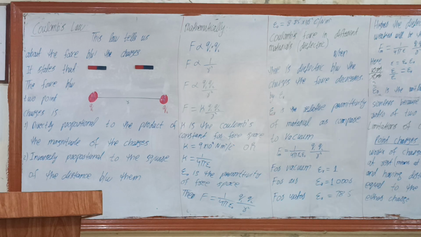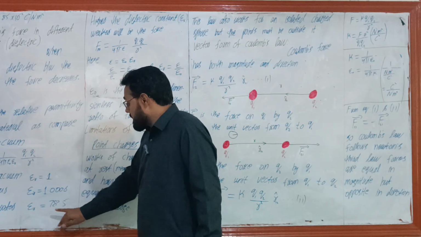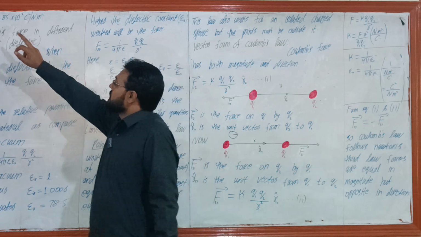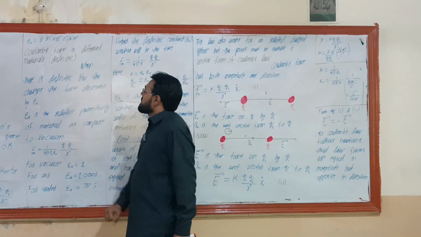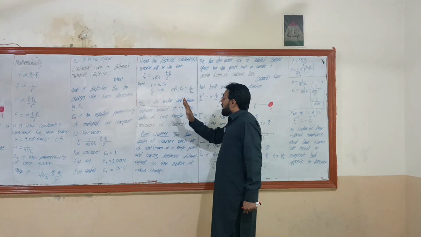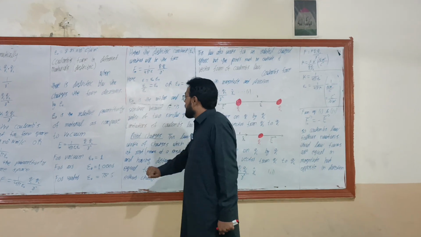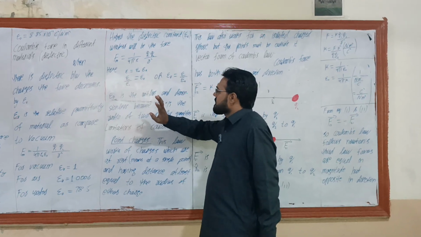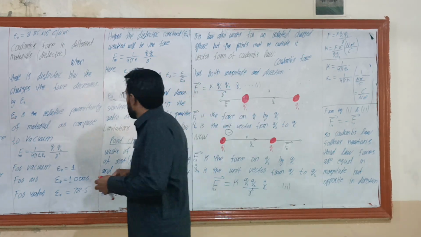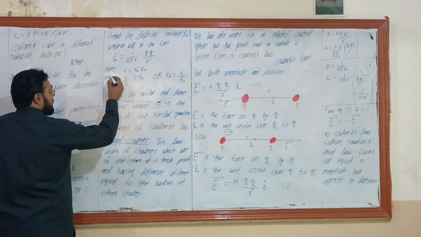Epsilon r has no units, but epsilon naught has units of coulomb square per newton meter square. Epsilon r has no units because it is the ratio of two similar quantities, for example, 10 meters over 2 meters.